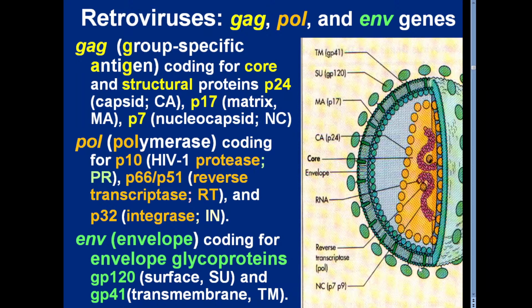POL, from polymerase, coding enzymes. P10, protease. P66 or P55, reverse transcriptase, and P32, the enzyme integrase.